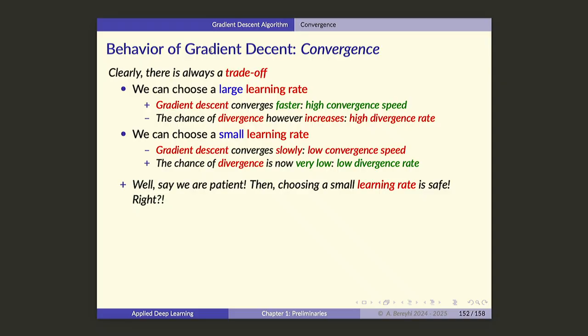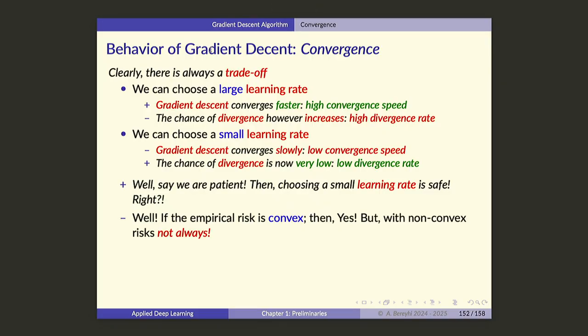It's only a right argument when the function that you are minimizing is convex, because then you are sure that you're always going to reach the only minimizer this function has, so it's always fine to move with a very small step size. But in practice, the functions that you have in deep learning are never convex. And because of that, it is not necessarily a good idea to always move with a small learning rate.